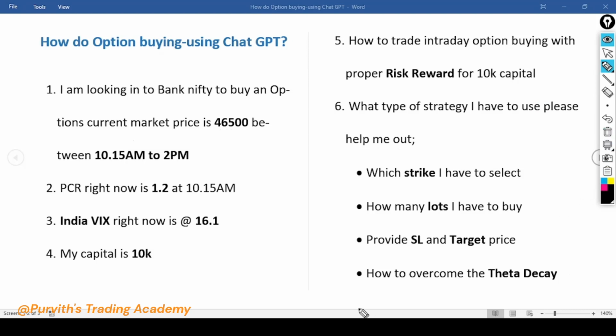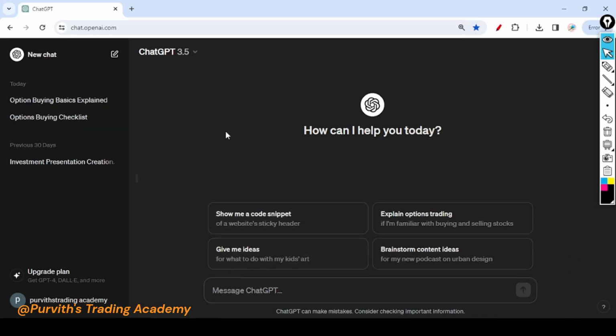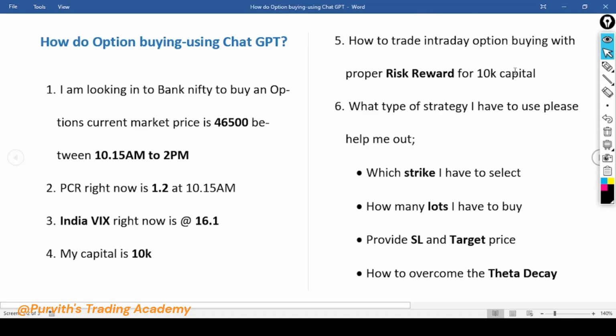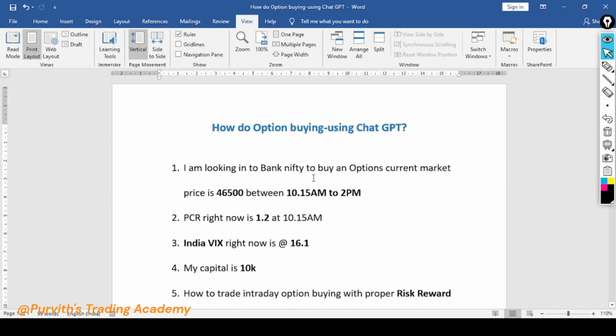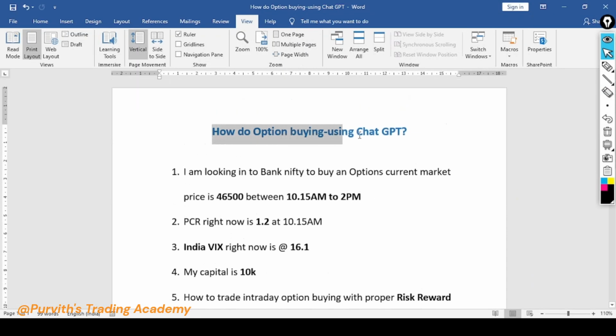Now let us go to ChatGPT. Yeah, this is ChatGPT. It is already logged in. Now we are going to ask the questions. First question: how to do option buying using ChatGPT? I'm going to ask the same question to ChatGPT.